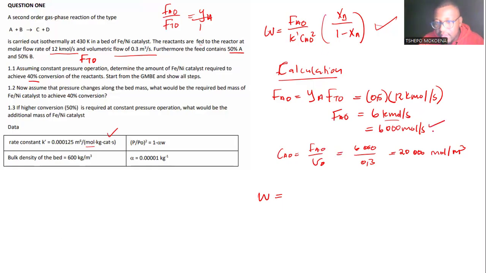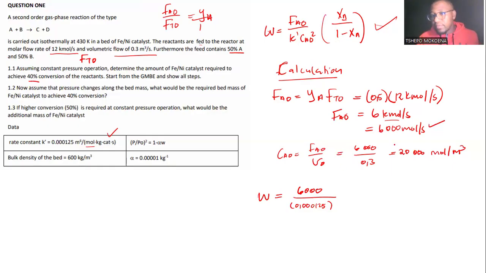We got it here, it's 6,000. So we put our 6,000 over there, divided by our K. How many zeros? 1, 2, 3. So we have 0.123125, and then the units are on point. We don't have to worry about that. We checked everything. The units are on point. That's very important to get the correct final answer, of course.